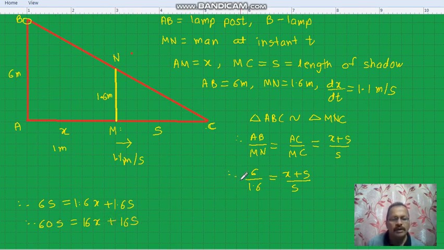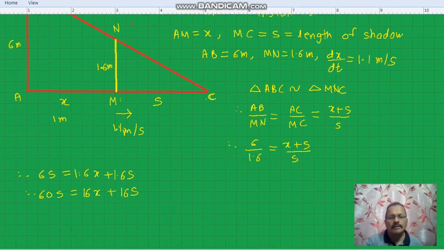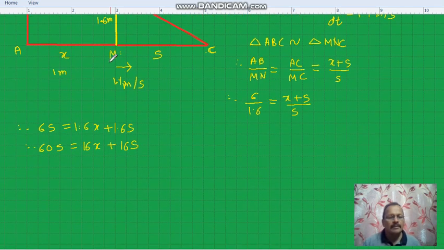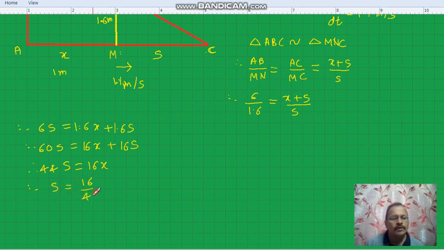I should have done it over here only. And therefore 60 minus 16, it is 44 S is equal to 16x, and therefore S is equal to 16 upon 44 x. That is, S is equal to, dividing by 4, 4 upon 11 x.